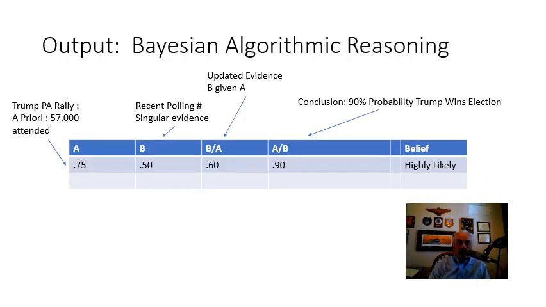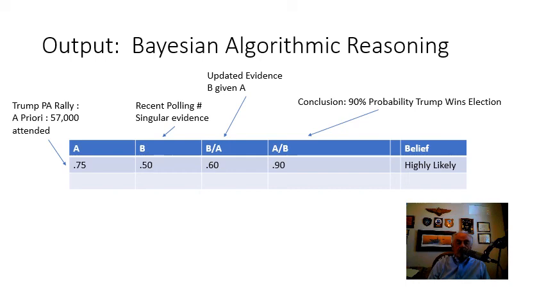Here you have evidence A and B. Then you take a look at evidence B, which is the recent polling, given evidence A has in fact occurred.